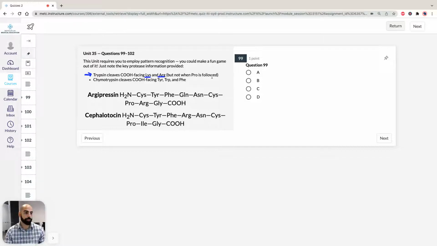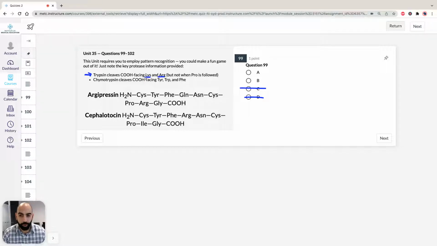If we look at the four nanopeptides, the polypeptide hormones, oxytocin and octopressin don't contain lysine or arginine. So the answer can't be D and can't be C. It's going to be A or B, between argipressin and cephalotocin. Either both of them get cleaved by trypsin, or one or the other.